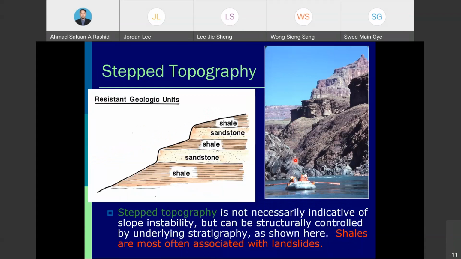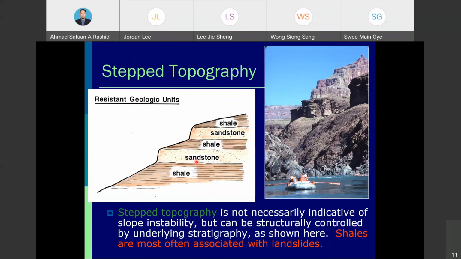Stepped topography. So this is the shale formation. We need to provide extra care when we have this kind of formation. Stepped topography is not necessarily indicative of slope instability. It can be structurally controlled by underlying stratigraphy, as shown here.